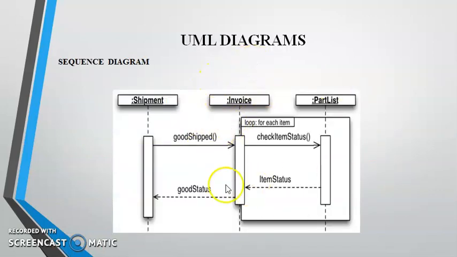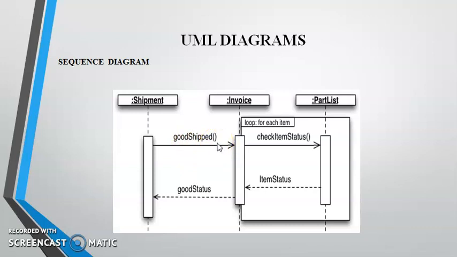This is the sequence diagram. Mainly in a sequence diagram, messages are passed as a sequence. Okay? So there are three objects: shipment, invoice, part list. Here this is the shipment object. From the shipment object, they are shipping the books. Okay. If you are shipping the books, it would ship off.